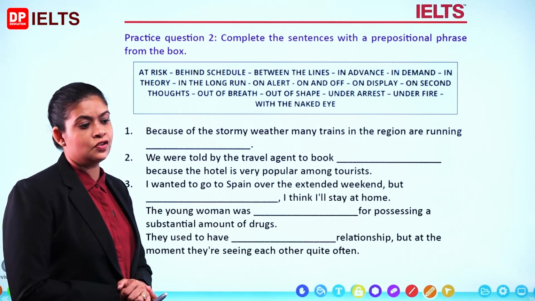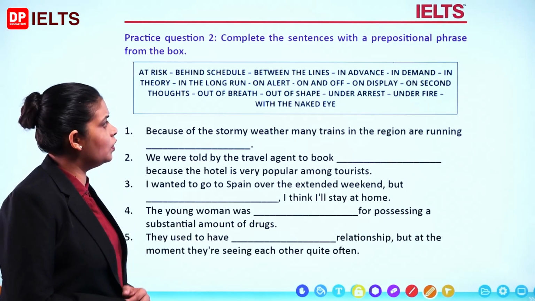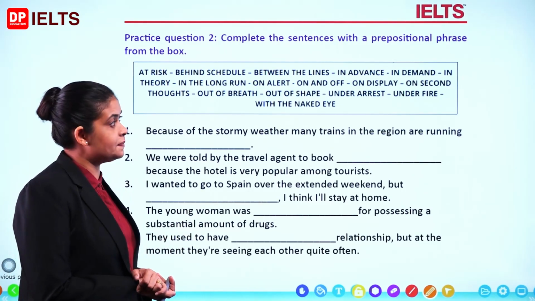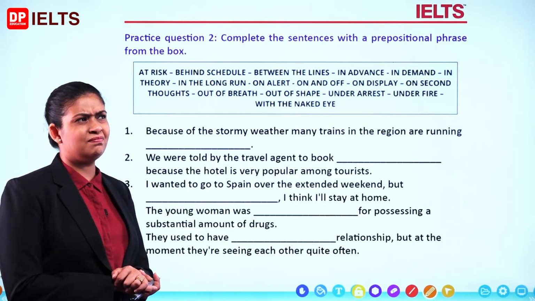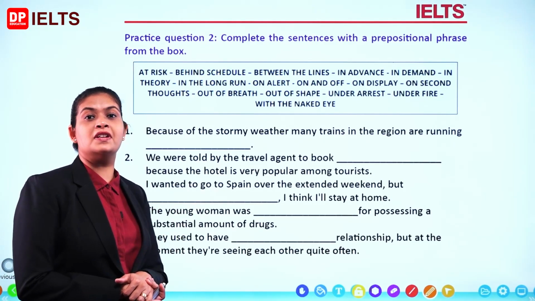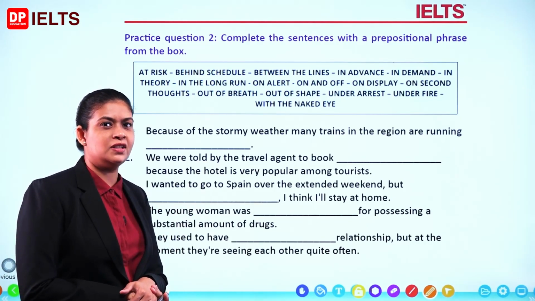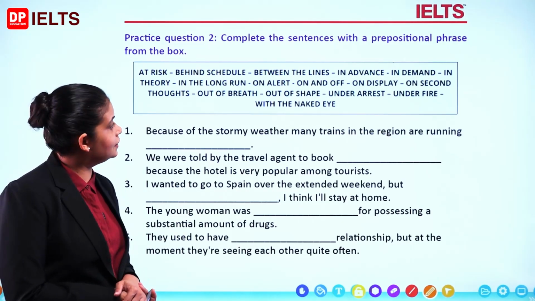On alert, that means you're sensitive, you're looking out for it. On and off, time to time. On display, just to look at. On second thoughts, no, not really, maybe I'll do it later. Second thoughts means it's not your first instinct, but maybe you think about it a little and you change your mind. Out of breath, being tired.